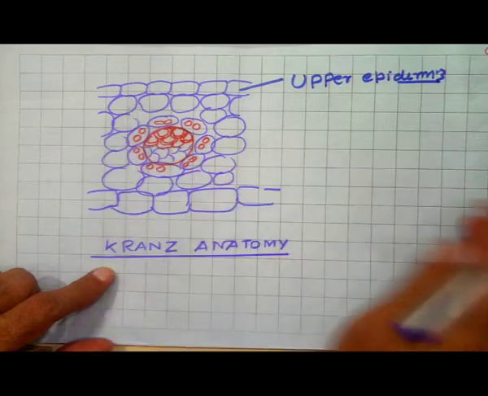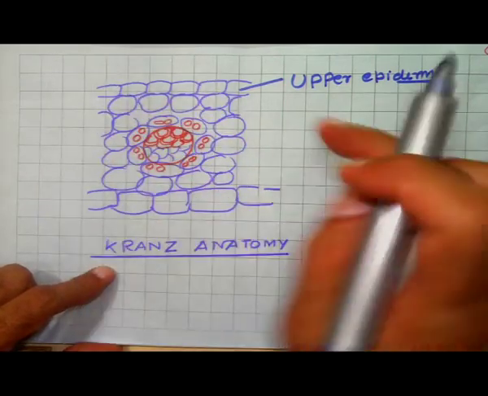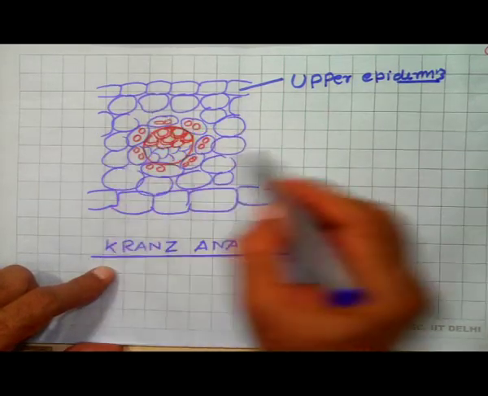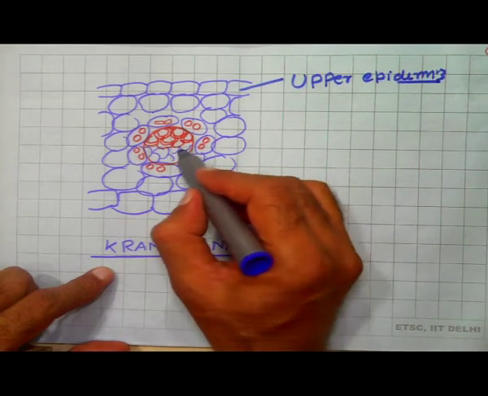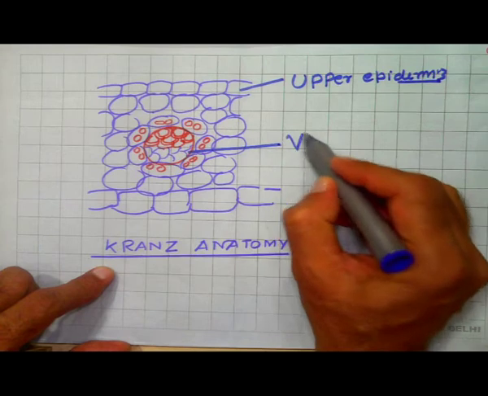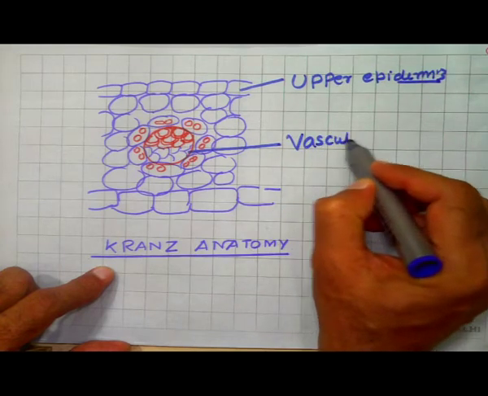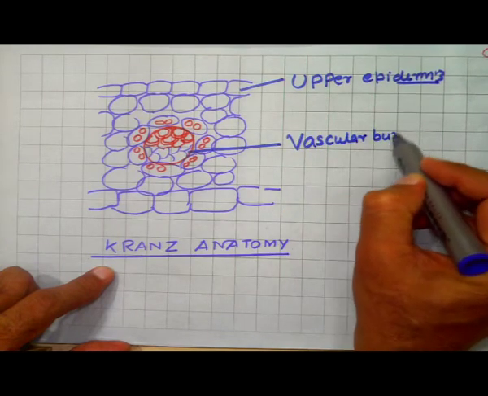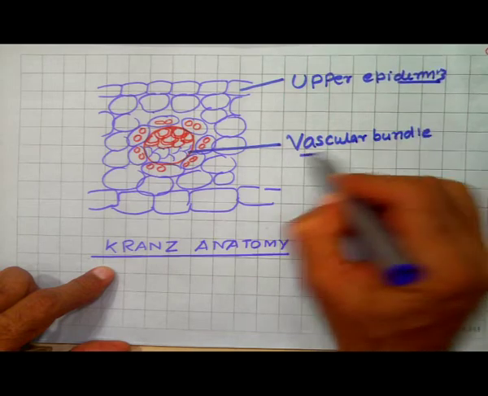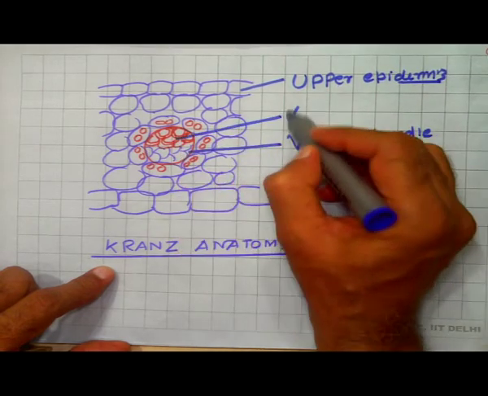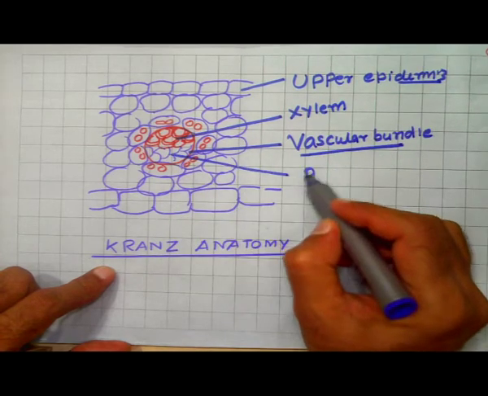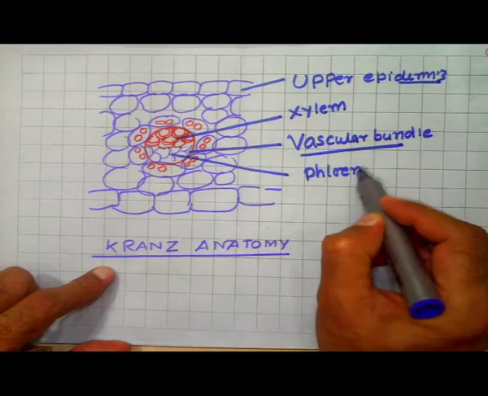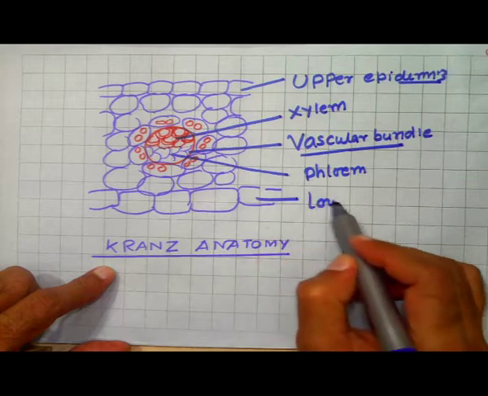There is no palisade parenchyma, as you see, and here is the vascular bundle; this one is xylem, this one is phloem, this one is the lower epidermis.